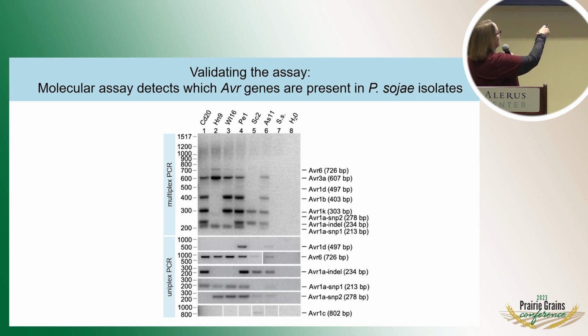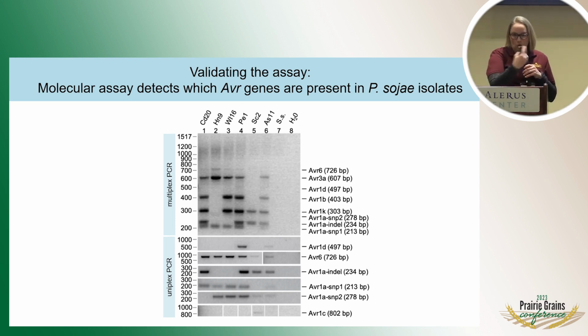They also had the pathogen that causes white mold here and water as a control. And they used this multiplex PCR. So here's the different AVR genes that they were looking for. And all of these Phytophthora isolates, they knew which AVR genes were in these isolates, and this was just a sort of proof of concept.